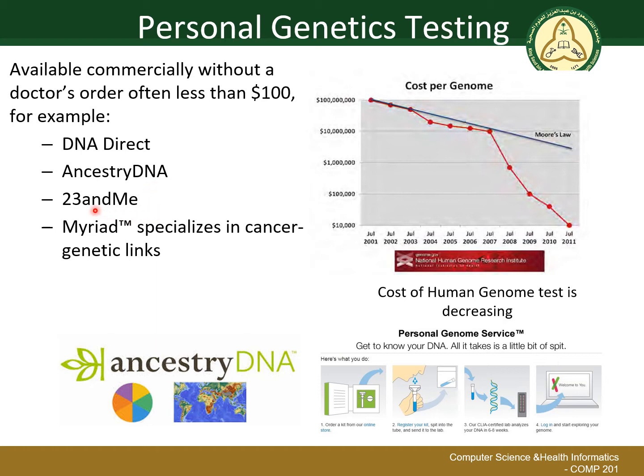The third company is 23andMe, which is a direct to the consumer online genetic testing company, also for less than $100. They will send a testing kit to the consumer's home, and they analyze the saliva with a turnaround time of 4 to 6 weeks.